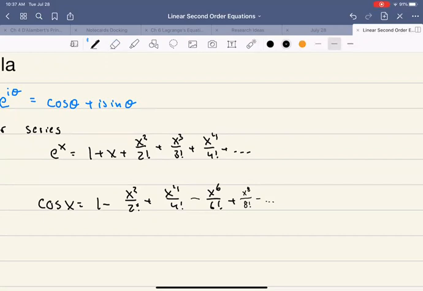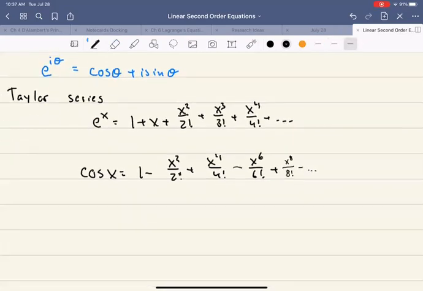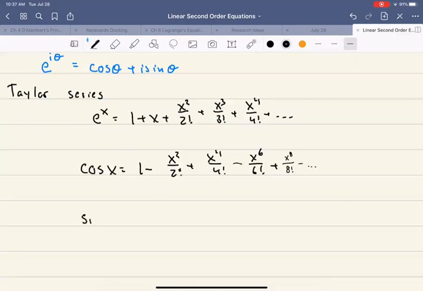And then sine of theta, or sine of x, is all the odd ones, starting with x, again in alternating form.